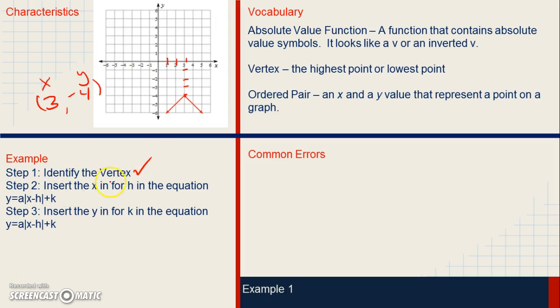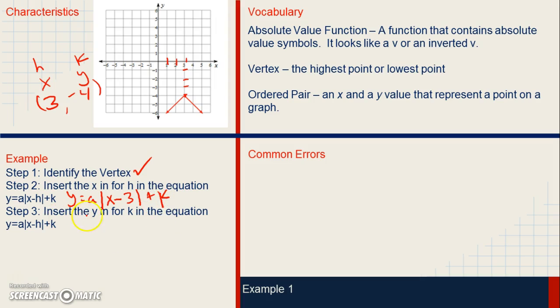Check. Now I'm going to insert the x in for h in the equation y equals a times the absolute value of x minus h plus k. And these right here are the absolute value signs. So I go ahead and just type that in, and I've got y equals a, absolute value of x minus h. What's my h? This is now h, and this is k. So x is h, so it's 3. And I've still got plus k.